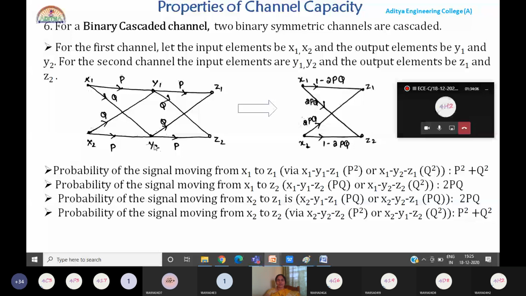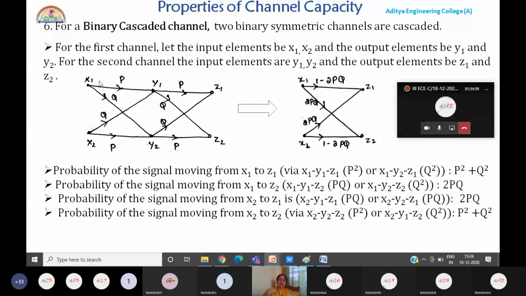Please listen carefully. Here if you observe this whole cascaded channel, the inputs are X1 and X2, and the output of the whole cascaded channel is Z1, Z2. But here there is an intermediate section Y1, Y2. The output of the first channel is Y1, Y2, and those are fed as input to the second binary channel.